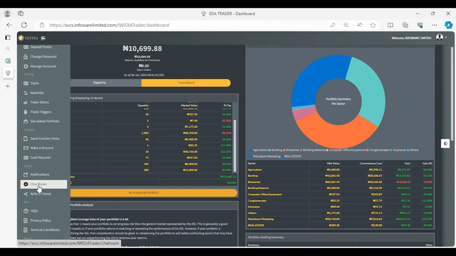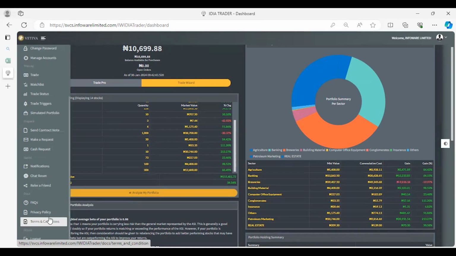So there's a chat room which you can create as well, and basically be part of a community that helps each other grow in investment knowledge and important stuff. There is a strict administrative rule to ensure that you don't get spam or any unrelated content, such as selling, all of that. Those will be automatically removed.